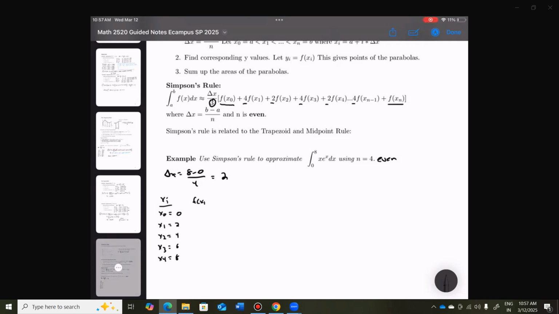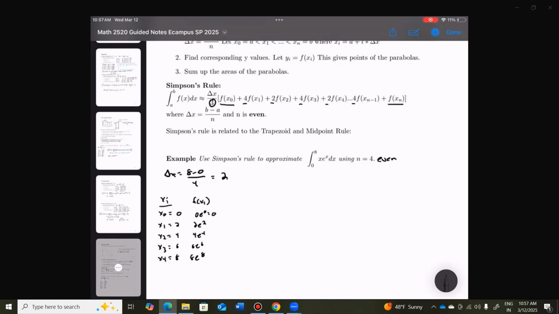And then your f of x sub i, first one is going to be 0e to the 0, which is 0, 2e to the 2, 4e to the 4, 6e to the 6, and 8e to the 8.